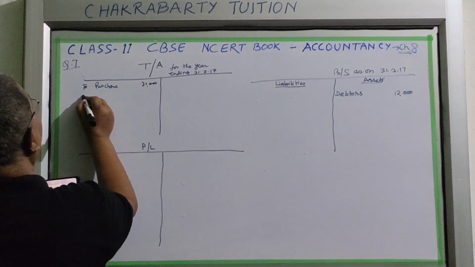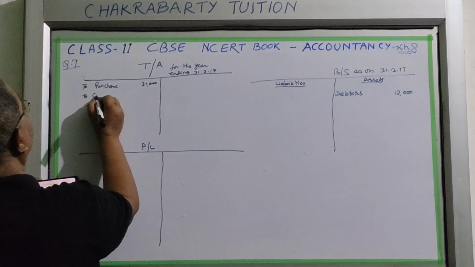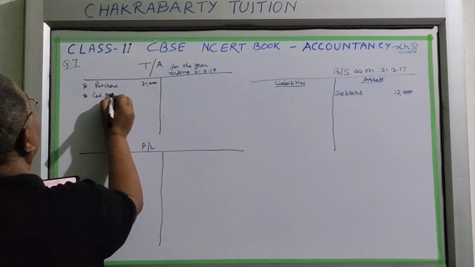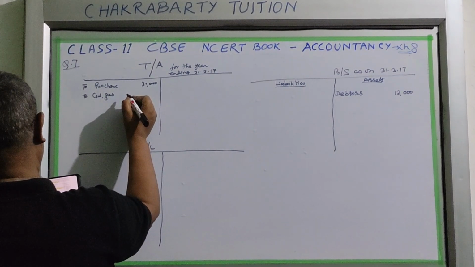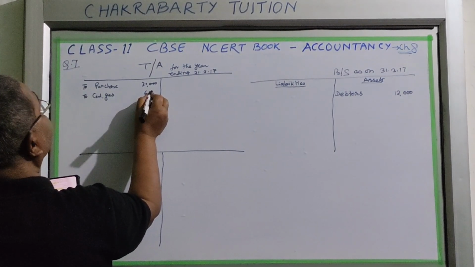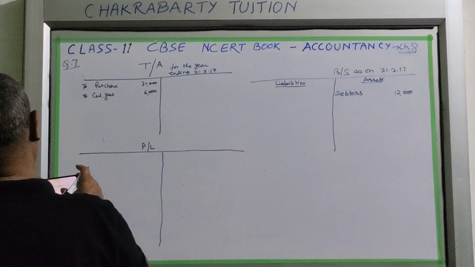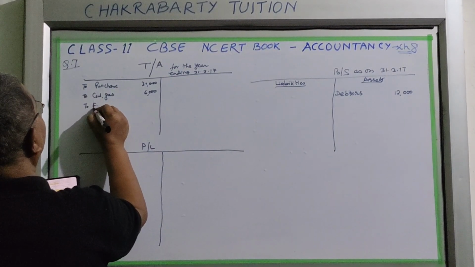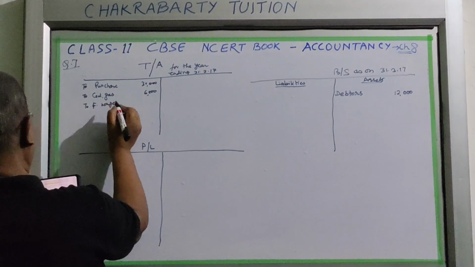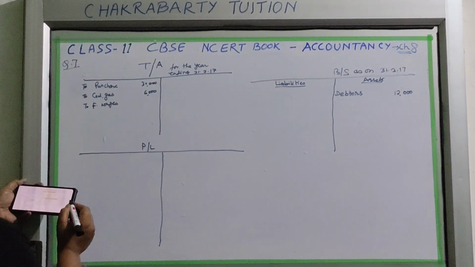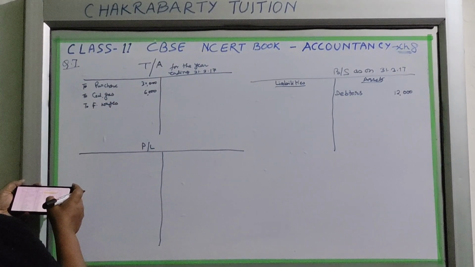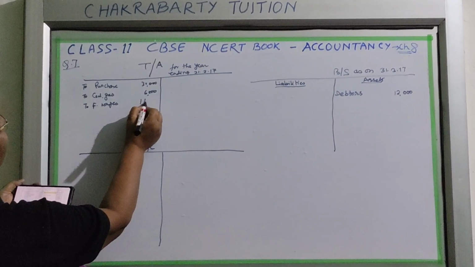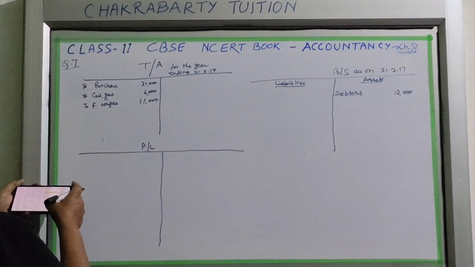Coal, gas and water, because this is a manufacturing expense, coal, gas, etc. is 6,000. The next item is factory wages, also a manufacturing expense. Factory wages is 11,000.